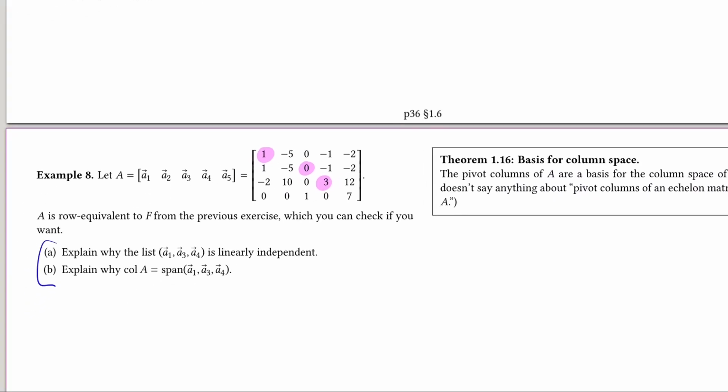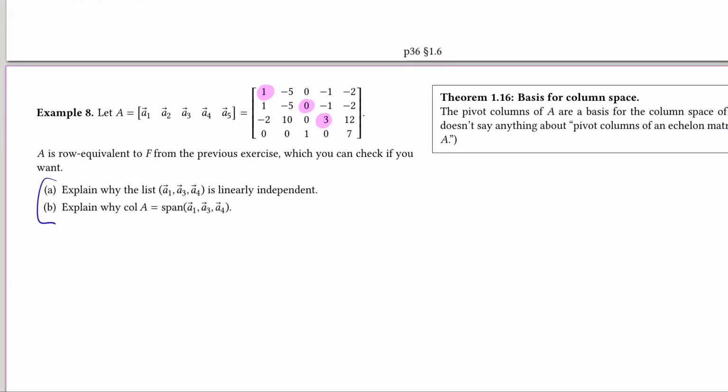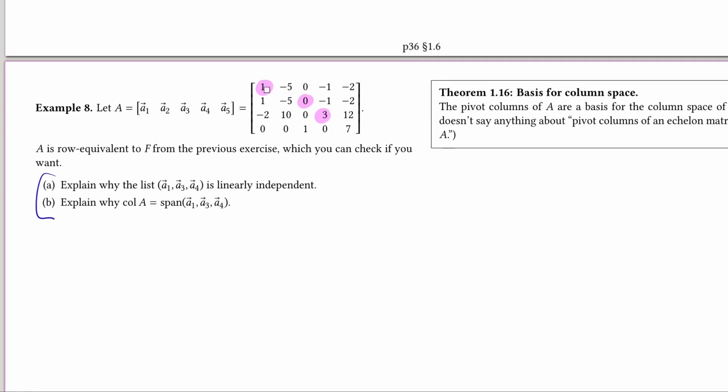So, for example, here's A, which can be shown to be row equivalent to F. So that tells us where the pivot positions in A are, like we said, here, here, and here. So for part A, to show that this is linearly independent, I want to do this in a straightforward way, just to show that the only solution of the homogeneous equation is the trivial solution.